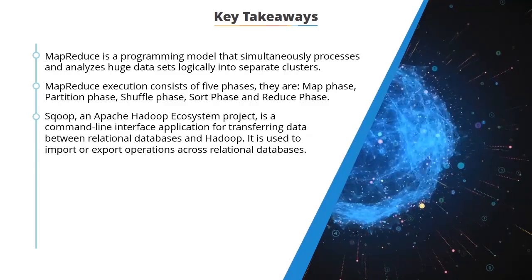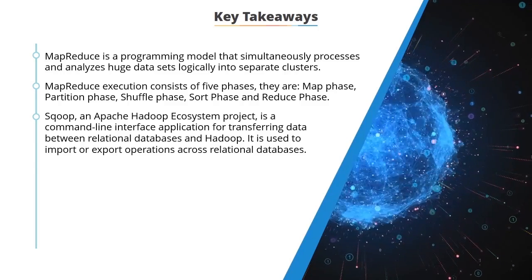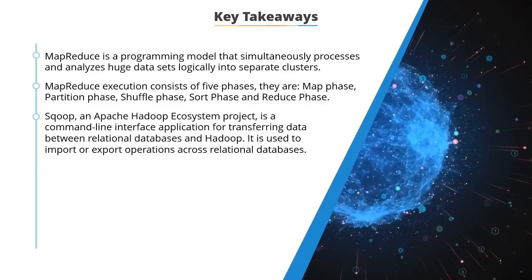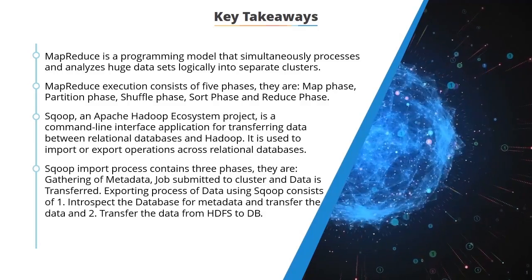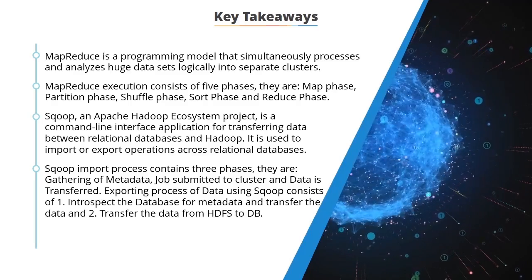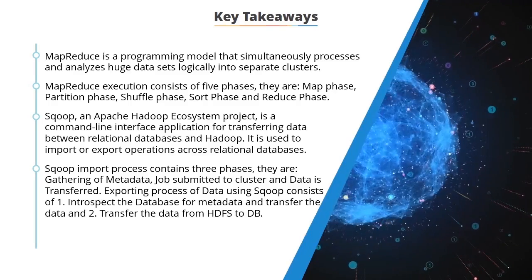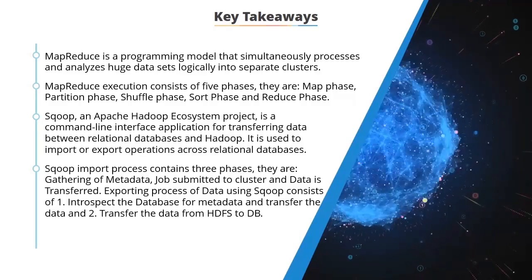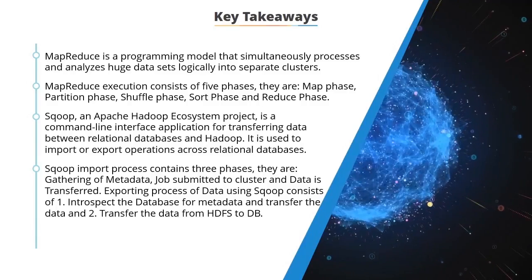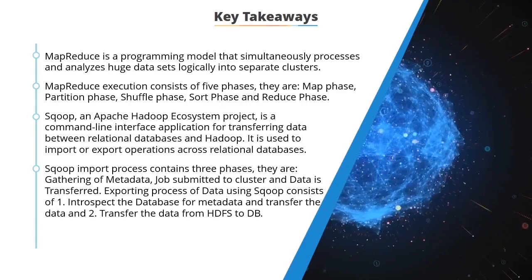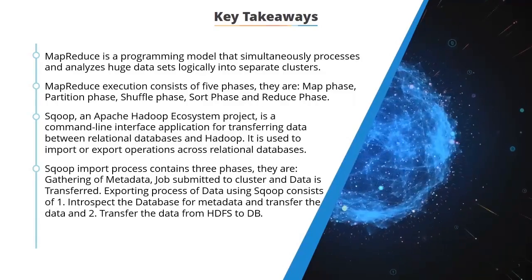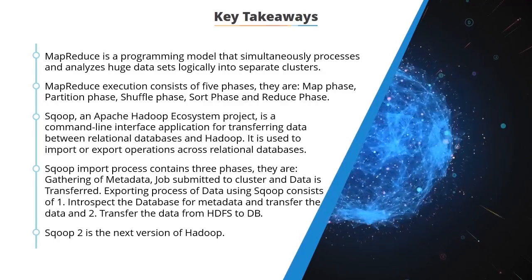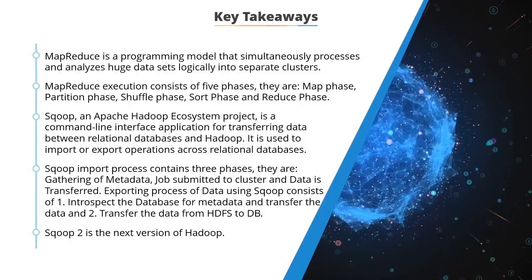It is used to import or export operations across relational databases. Sqoop import process contains 3 phases: gather metadata, submit job to the cluster, and transfer data. Exporting data using Sqoop consists of introspecting the database for metadata and transferring the data from HDFS to DB. Sqoop 2 is the next version of Sqoop.